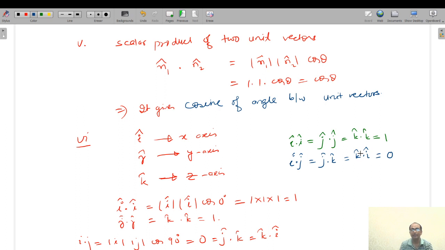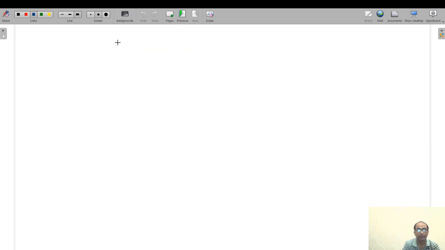So when theta is 90, then the cosine of 90 is what? 0, so it would make 0. So these are two important things that you should know. Okay, so let us see the scalar product.